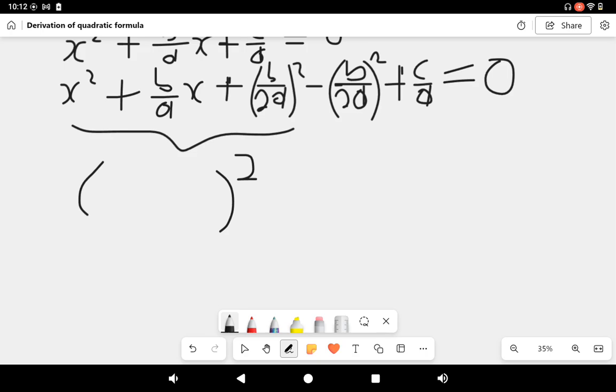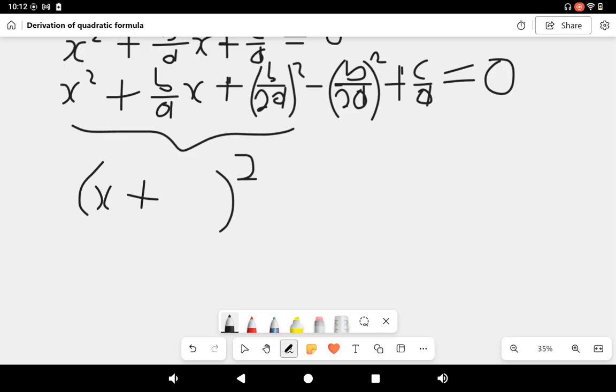In this bracket, these three terms are equivalent to the bracket that I'm going to write here: the x, then plus, because of the positive value on this third term.